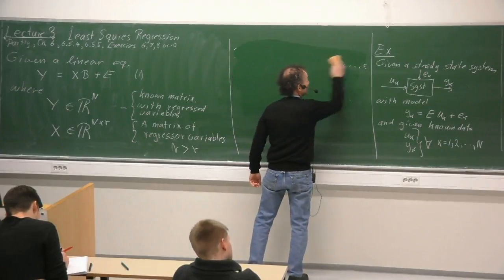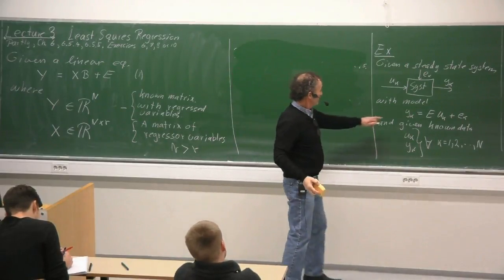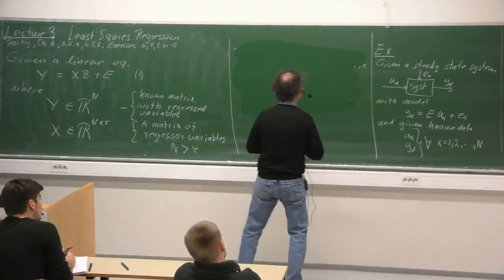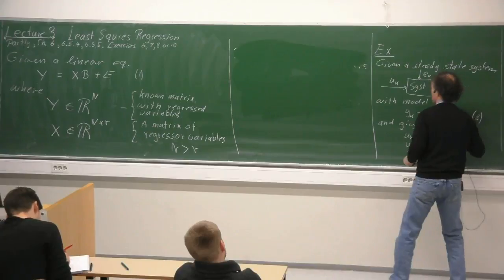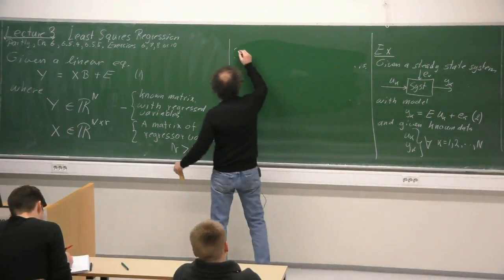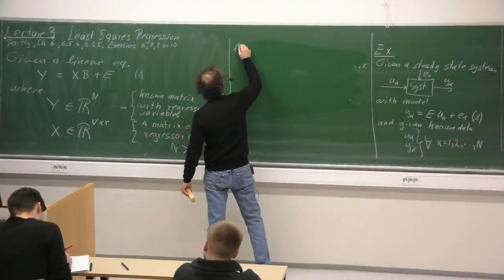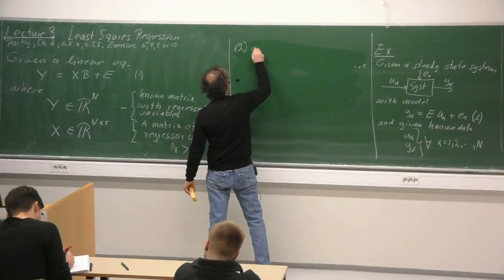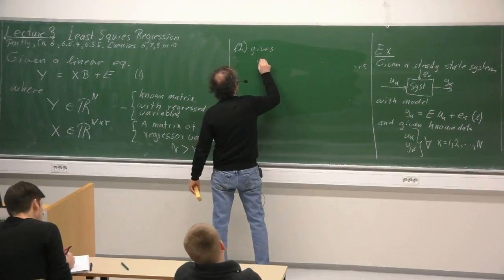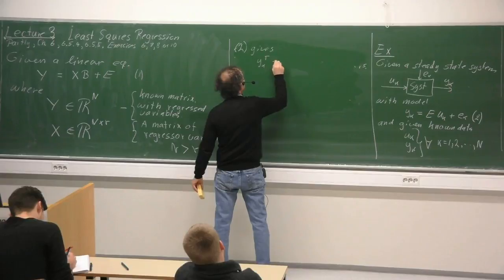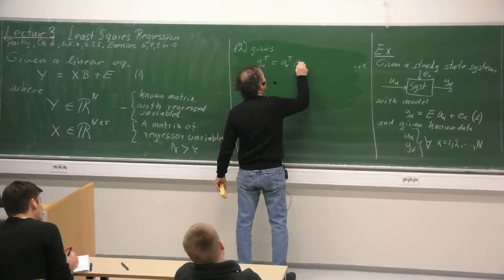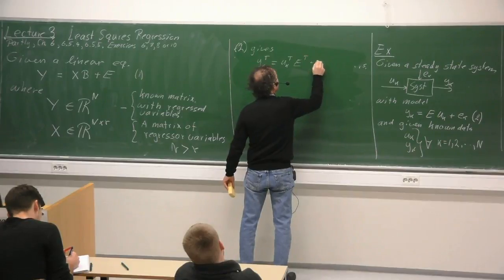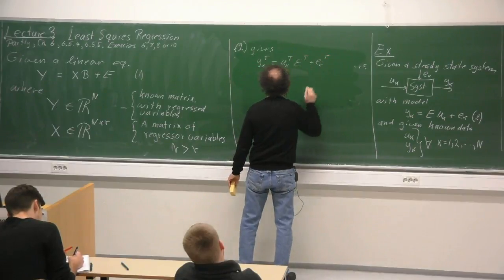First, simply transpose this equation. So from 2 we have y_k transpose equal to u_k transpose times E transpose.